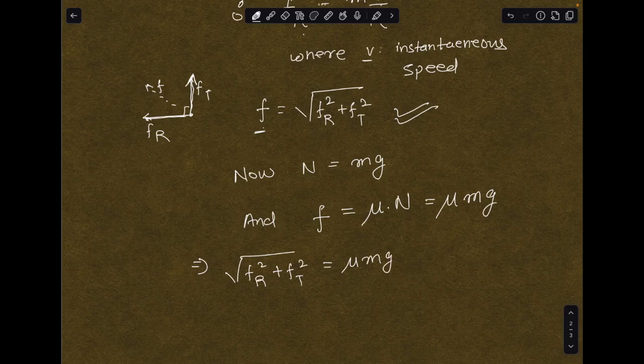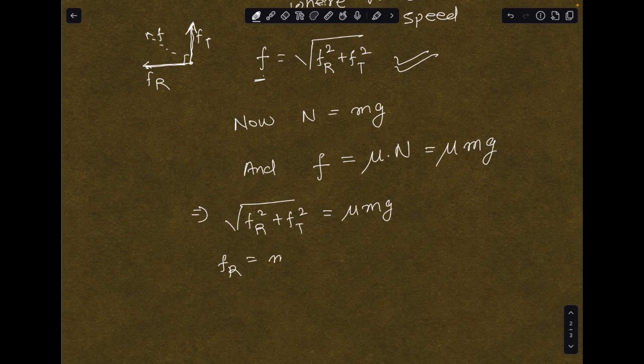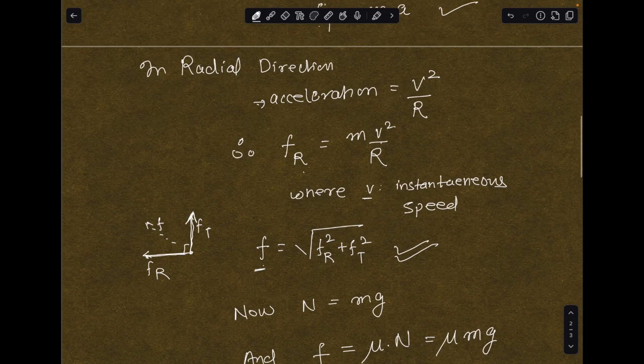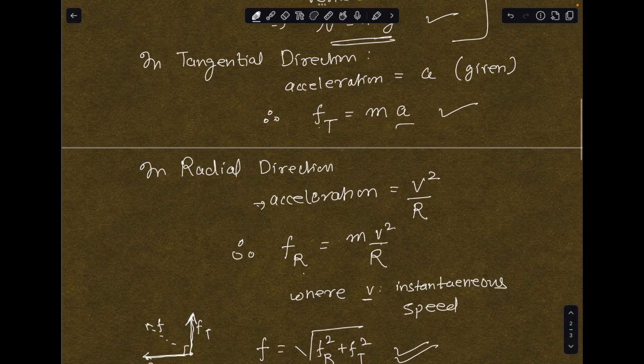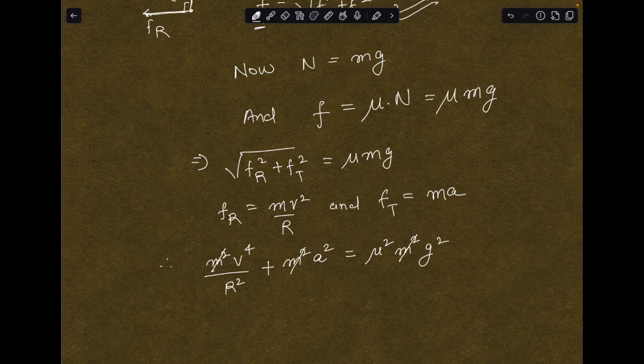Now fr is mv square upon r and ft is ma. Therefore fr square is m square v to the power 4 upon r square, and ft square will be m square a square, and this will be equal to mu square m square g square. m cancels out, which is great because m was not given to us in the problem.